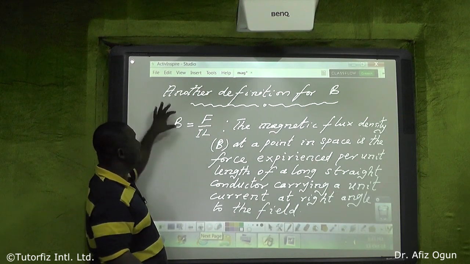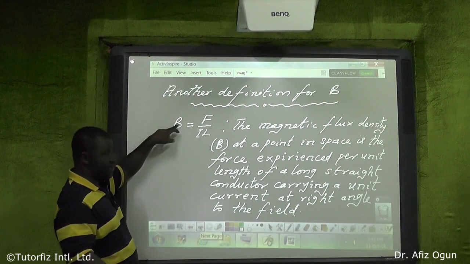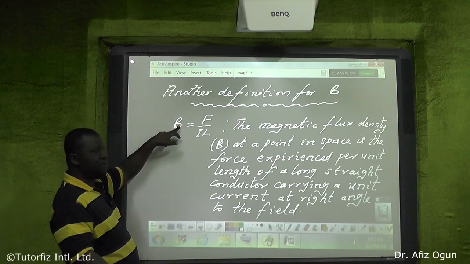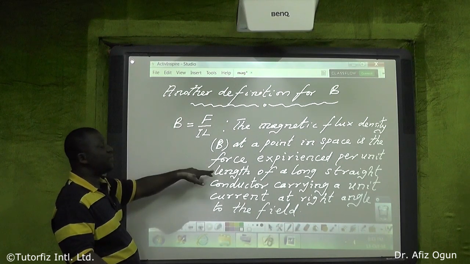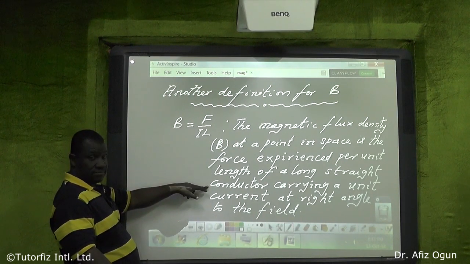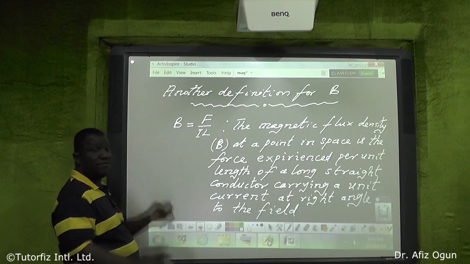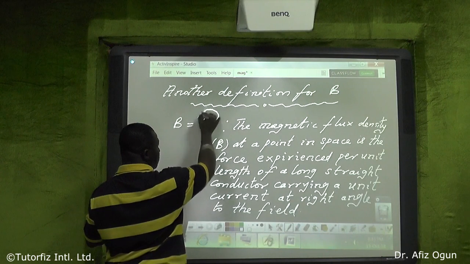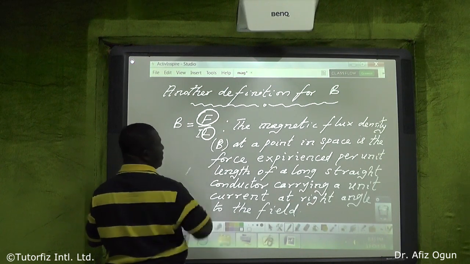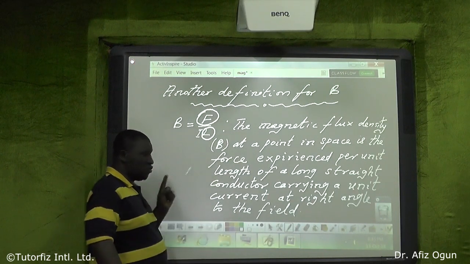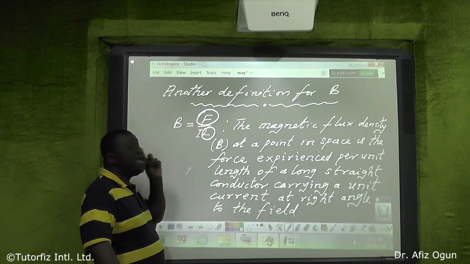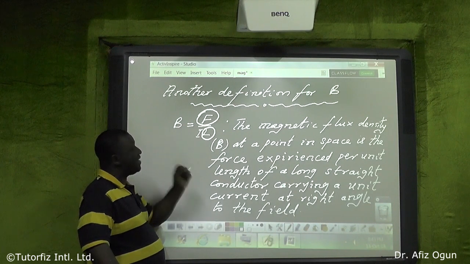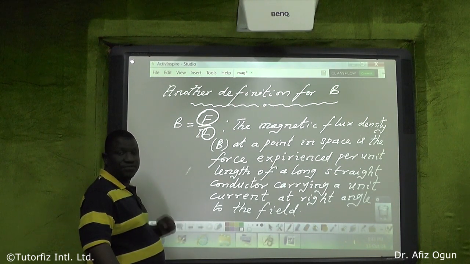So I can now say the magnetic flux density, B, at a point in space is the force experienced per unit length of a long straight conductor carrying a unit current at right angle to the field.